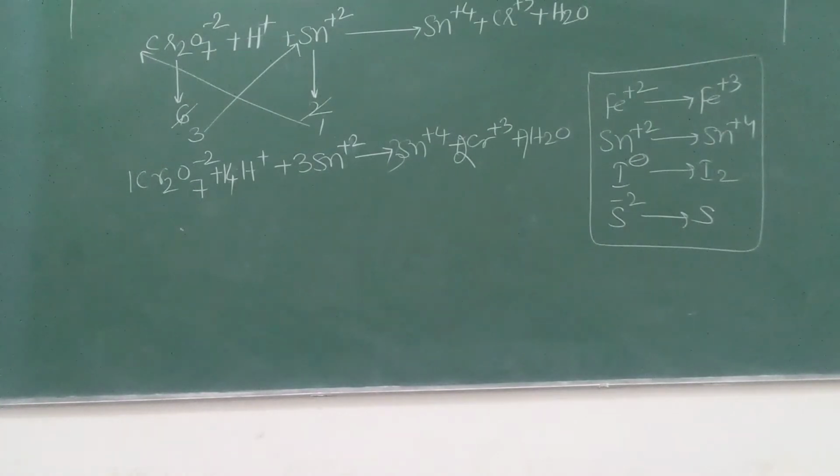It is completely memory based. First of all, if you remember it like that, it is easy: ferrous to ferric, stannous to stannic, iodide to iodine, sulfide to sulfur. If you have a grip on the synopsis and remember it, the objective exam is easy. This year, 2 students in NEET history got 720 out of 720.